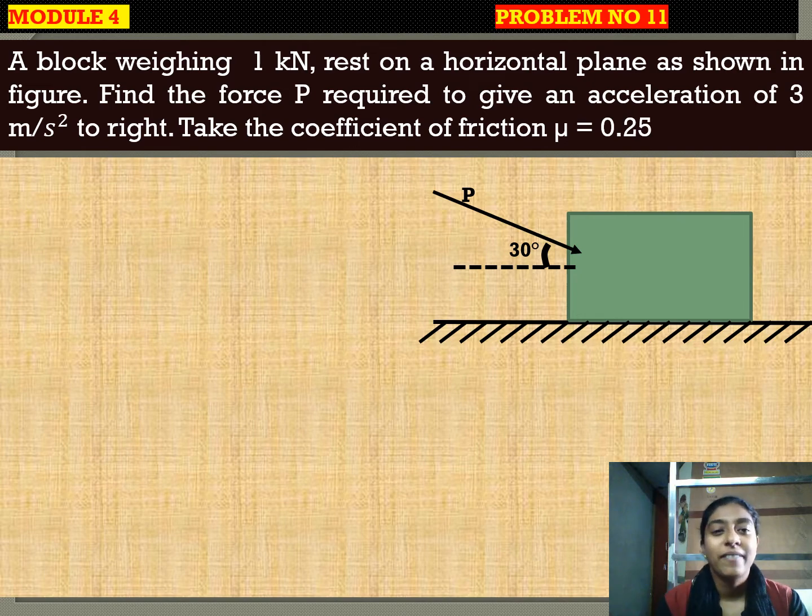So problem number 11. A block weighing 1 kilonewton rests on a horizontal plane as shown in the figure. So this is the block. So this block has a weight of 1 kilonewton.